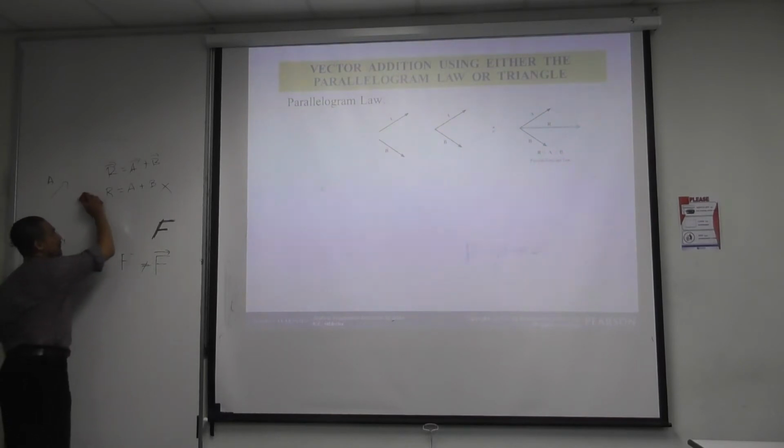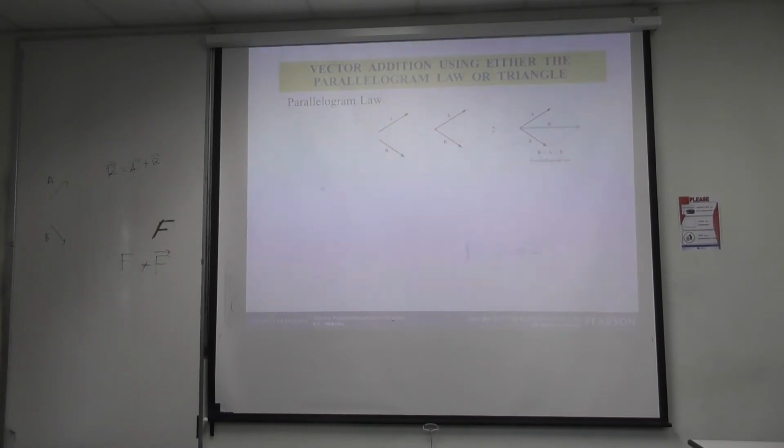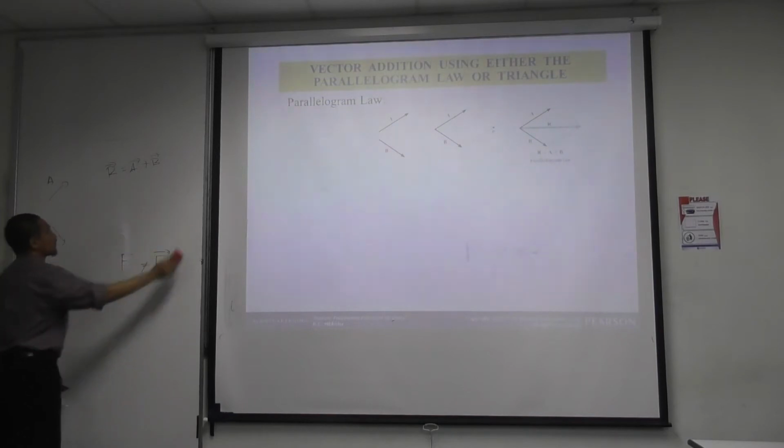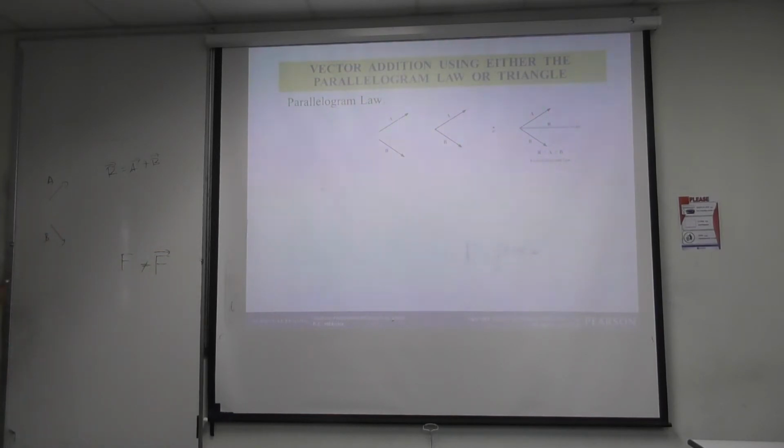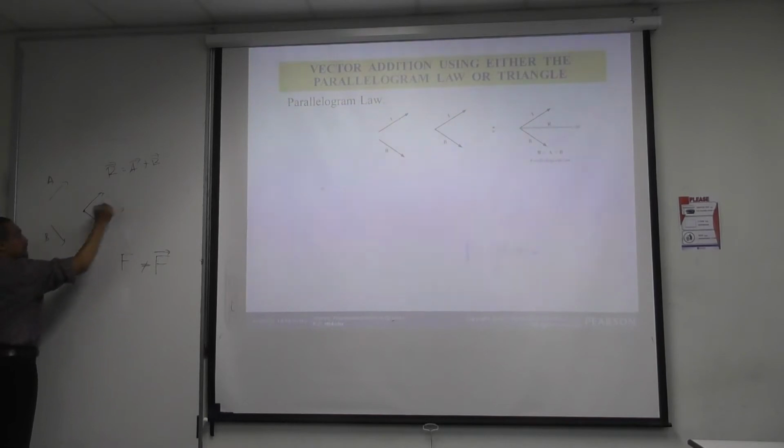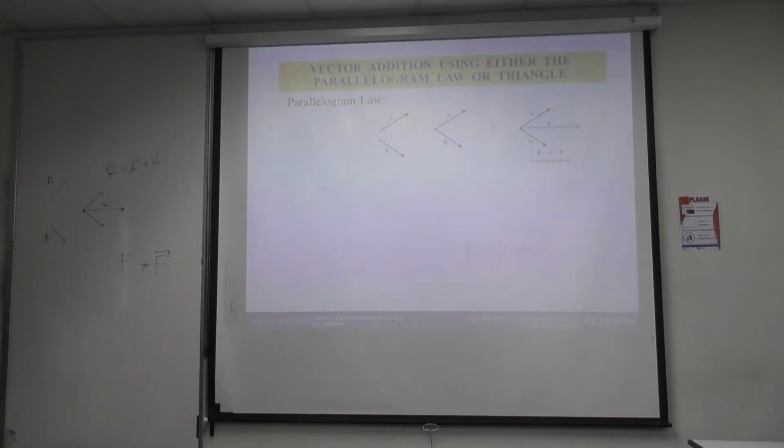It does not become R here. So what you do with the parallelogram is you start at the same point. You have the two vectors, and you draw a line parallel to this one and parallel to that one. The meeting point here will be R. Okay, so that's basically the parallelogram.